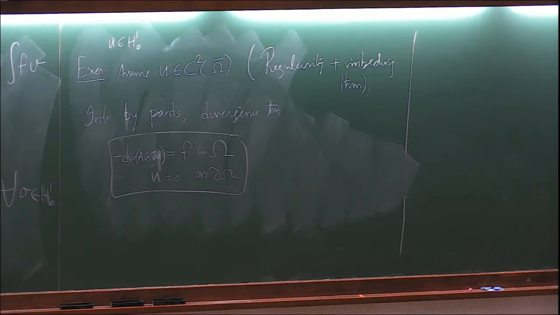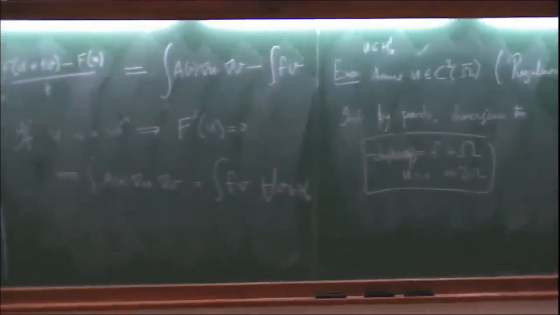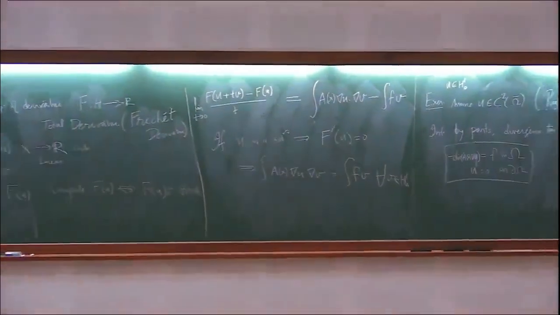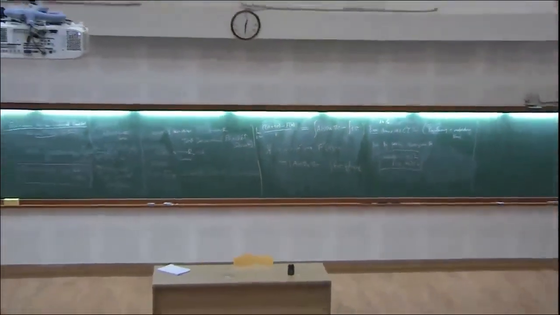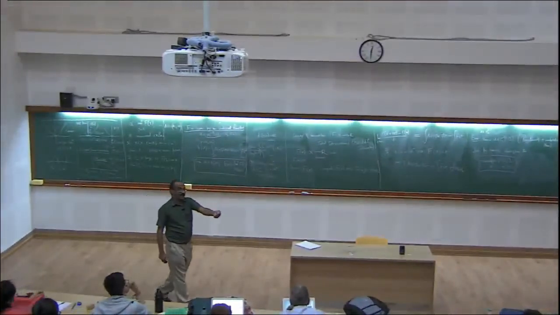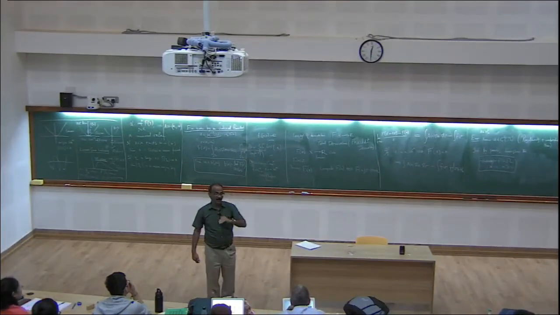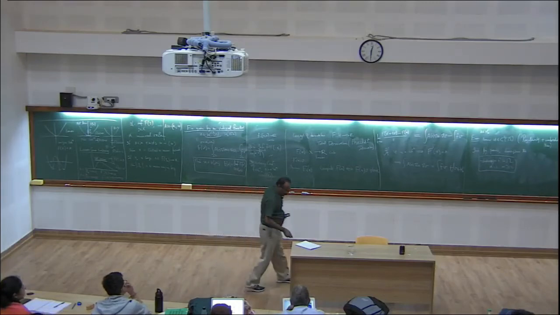In other words, you have a family of minimization problems, and you want to understand the limit of that family. Can I get back my f? That's the concept of gamma convergence, which we want to do.